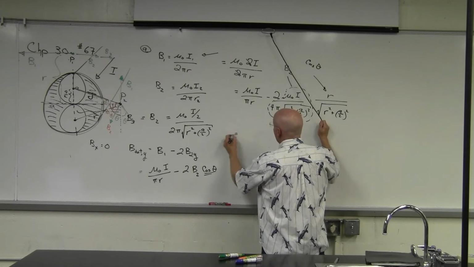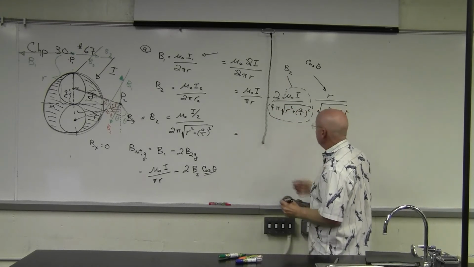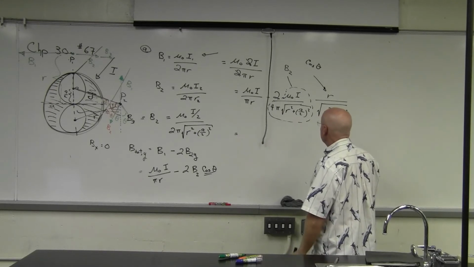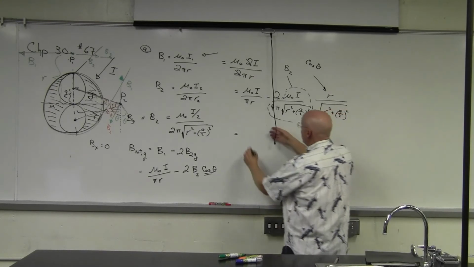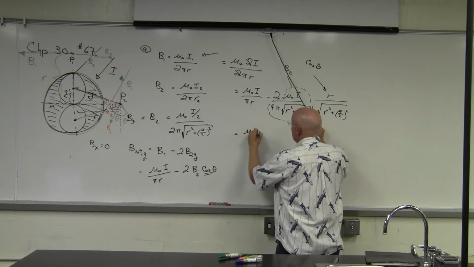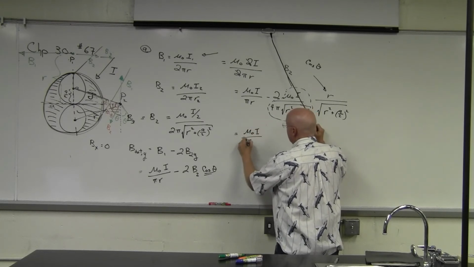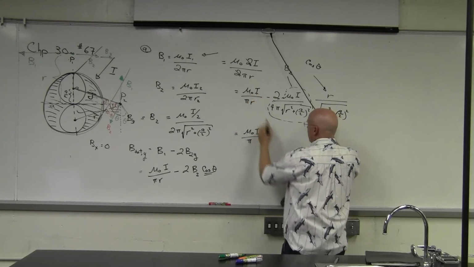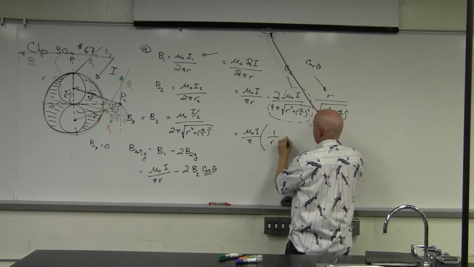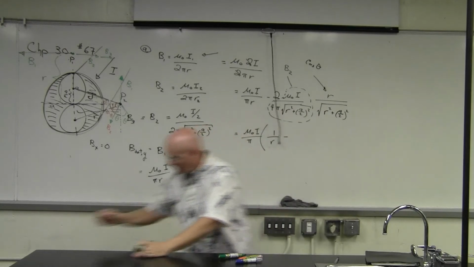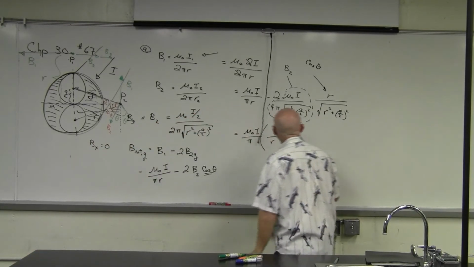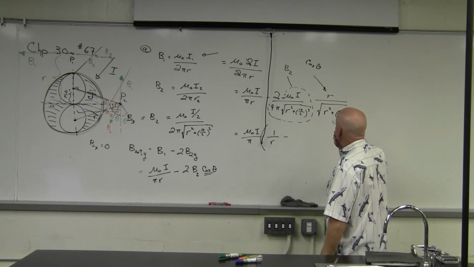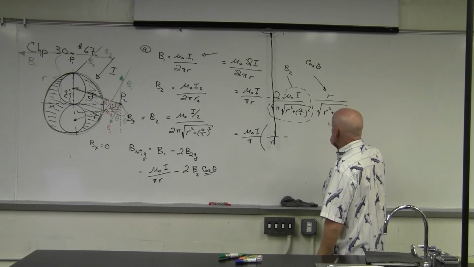All right, so maybe now we should look for any kind of common factors here. And what I see right away is a mu naught an I over a pi. So if I factor out from the first one a mu naught an I and a pi, I'm left with a 1 over r. And then this one here, let's see.